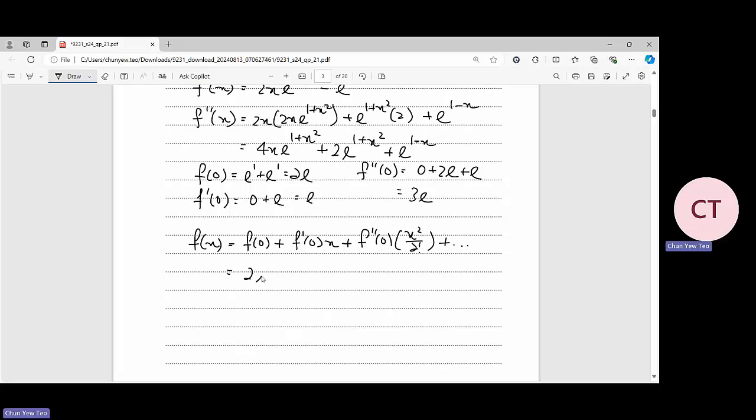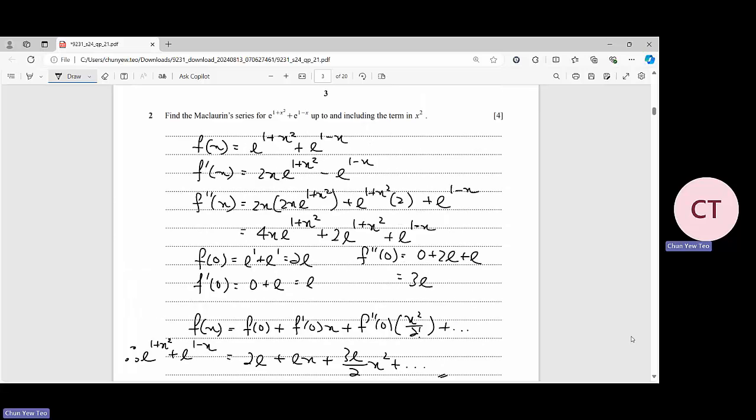This one is 2e, this one is ex, this one is 3e over 2 of x squared, just like that. Therefore your e power 1 plus x squared plus e power 1 minus x is equal to this expression. That will be the answer for question number 2.